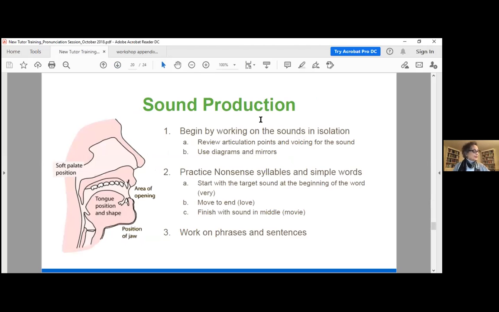So let's say you're the students again. Okay, today we're going to work on you producing the sound of V. And let's go over once again how you put your teeth on your lips and you say V. Everybody try that.